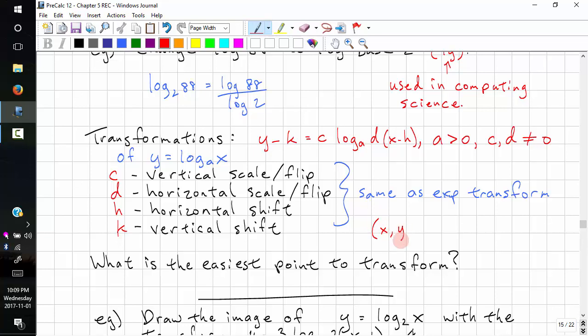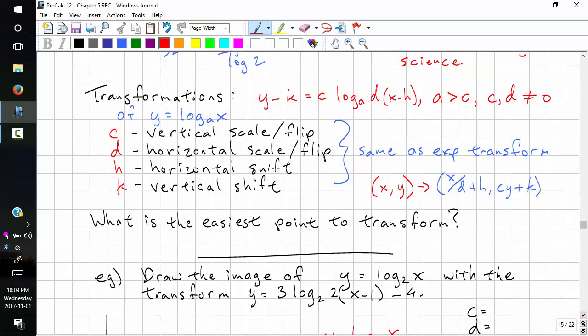And if we're transforming (x, y), this goes to (x over d plus h, cy plus k). And what is the easiest point to transform? Well, log base a of 1 equals 0.